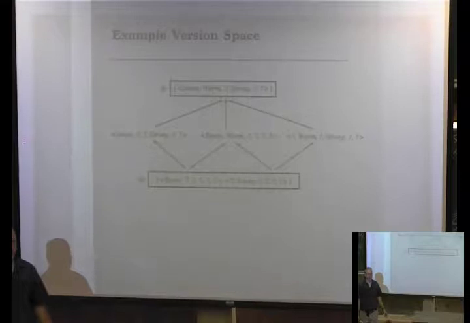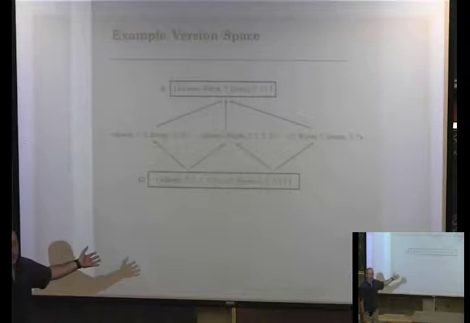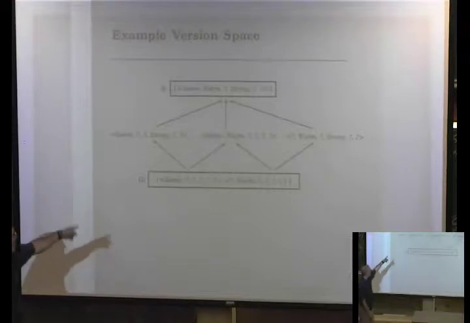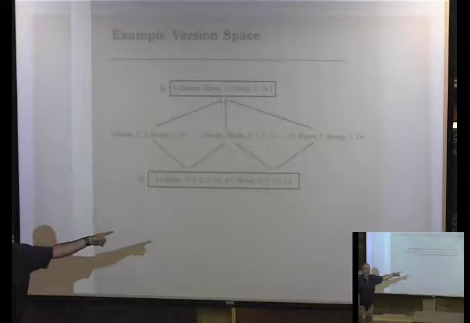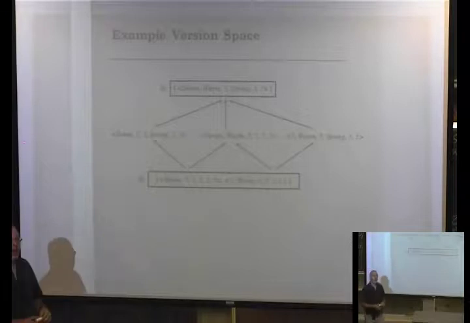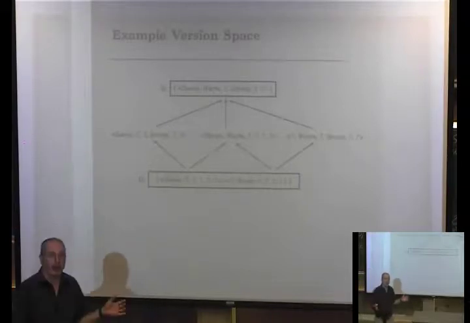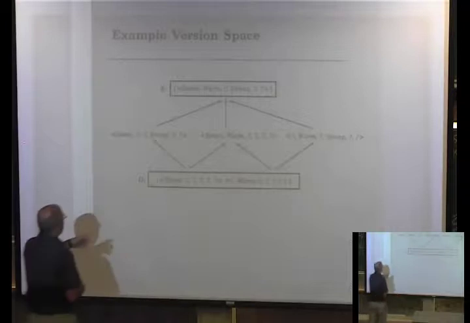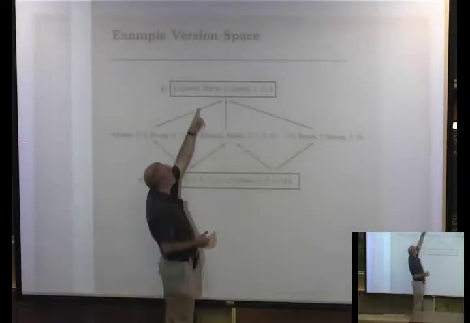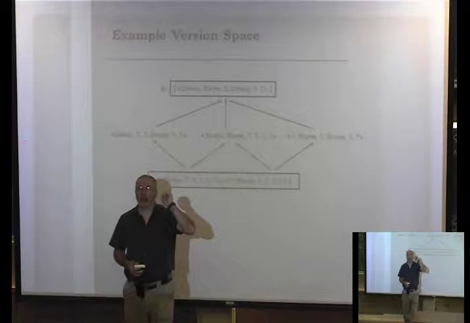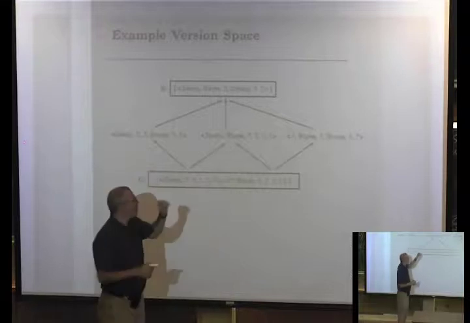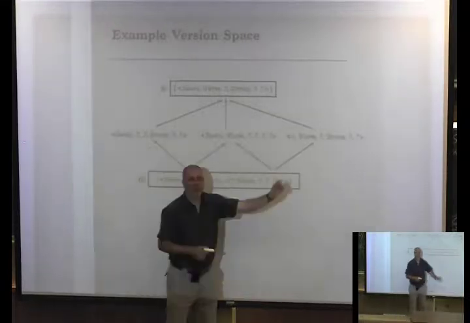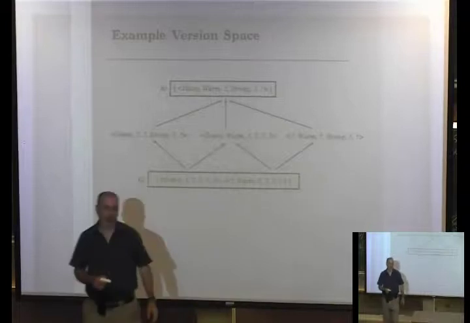Now here's the idea. When the version space is very small, like this one, it's no big deal. There are two hypotheses here, one there, and three here. We can write them all out. If the version space is much, much bigger, the number of elements here and here can still grow linearly, or at least be kept under check, whereas the number of hypotheses here grows like crazy, exponentially.